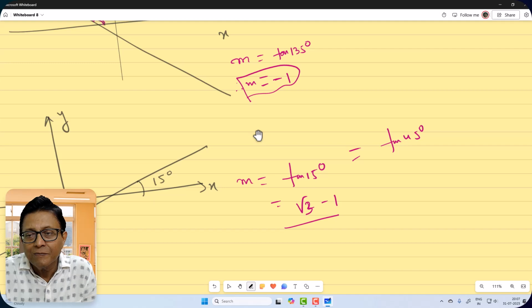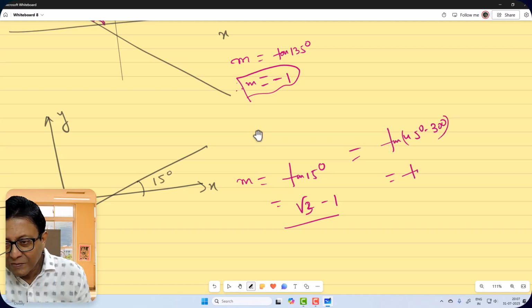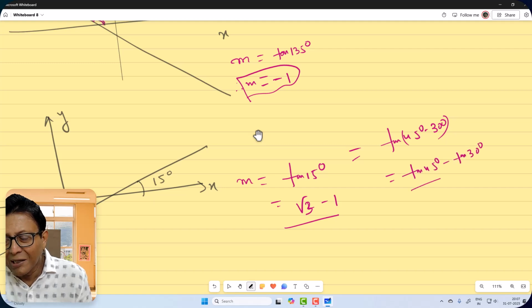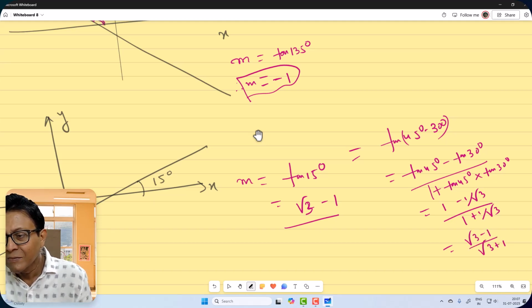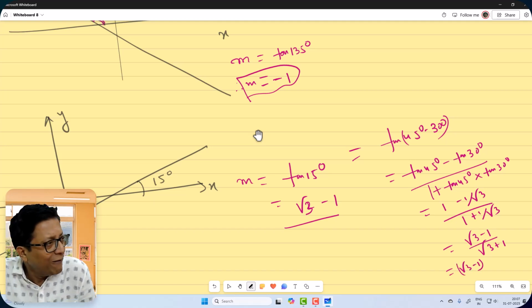Tan of 45 minus 30, that is, 1 minus 1 by root 3 over 1 plus 1 by root 3. Remember it. Root 3 minus 1 by root 3 plus 1, rationalize, multiply by root 3 minus 1.